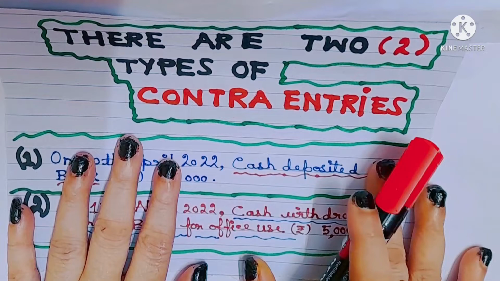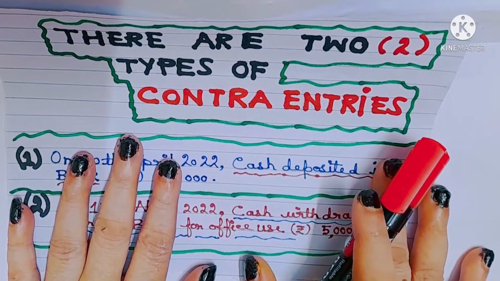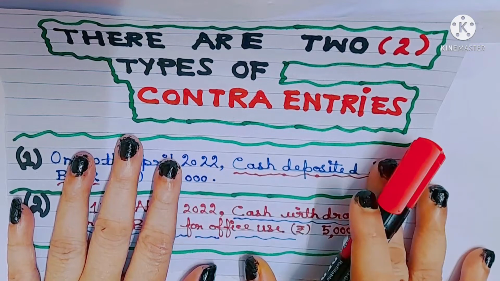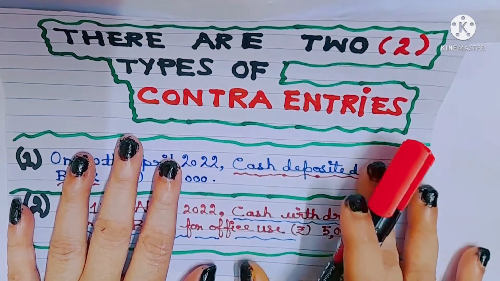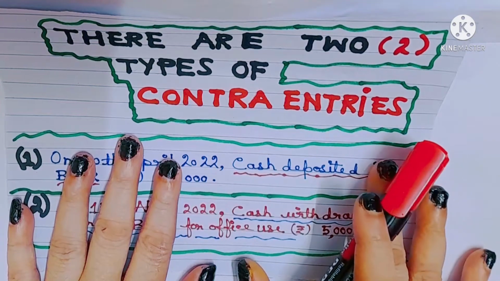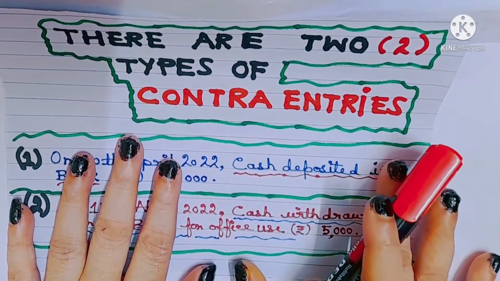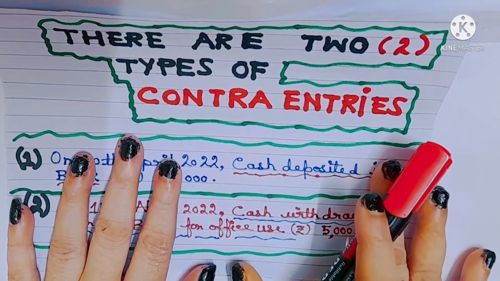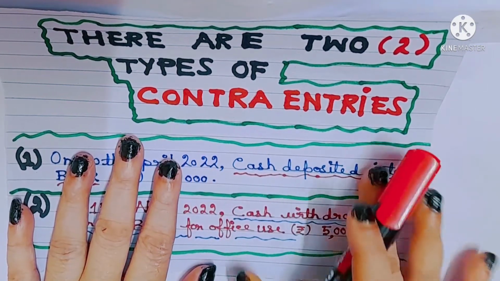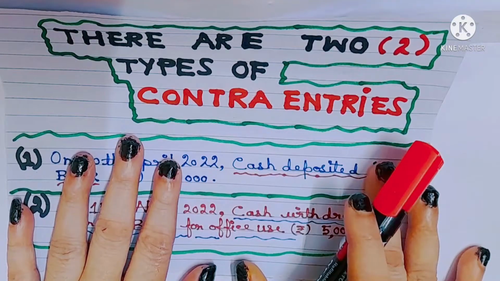In a single column cash book, there is only one column, that is a cash column. So it does not involve both the cash account and the bank account. What do we see there? Only one account is involved, that is the cash account. Cash account and bank account are not involved together; only the cash account is involved in a single column cash book.